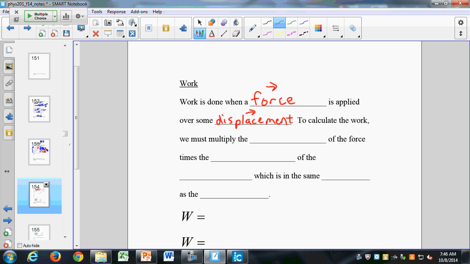So to calculate the work, we must multiply the magnitude of the force times the component of the displacement which is in the same direction as the force.